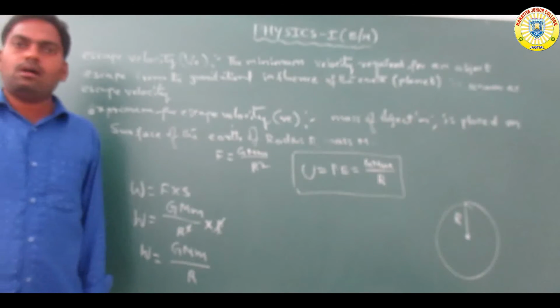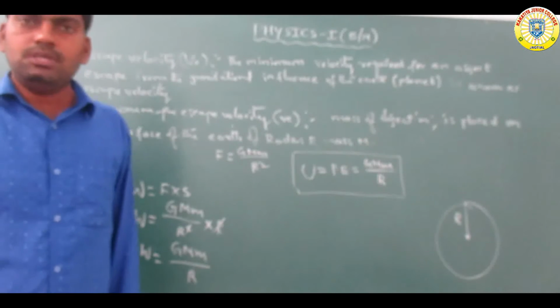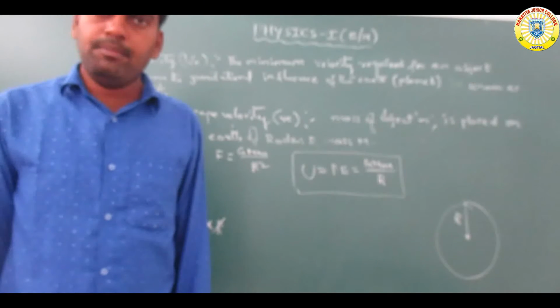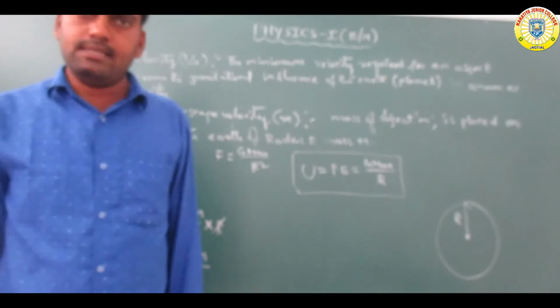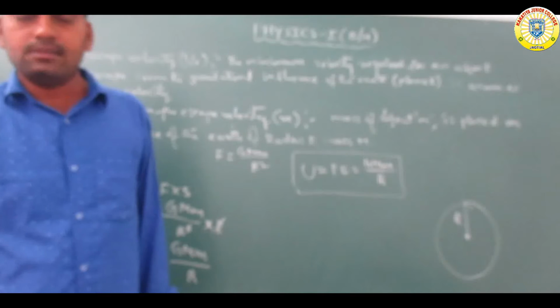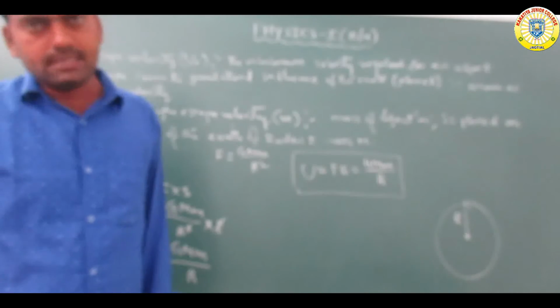U, or P.E., is equal to G capital M small m by R. R means the radius, capital M is the mass of the earth, and small m is the mass of the object.